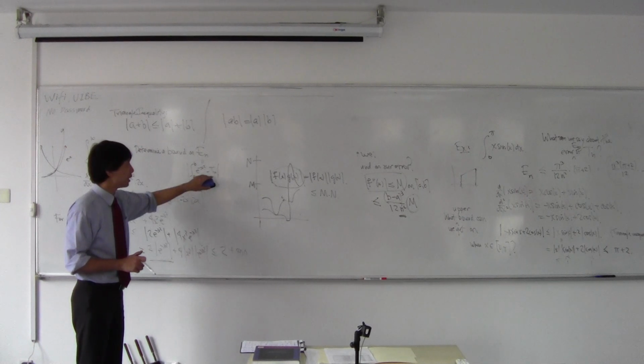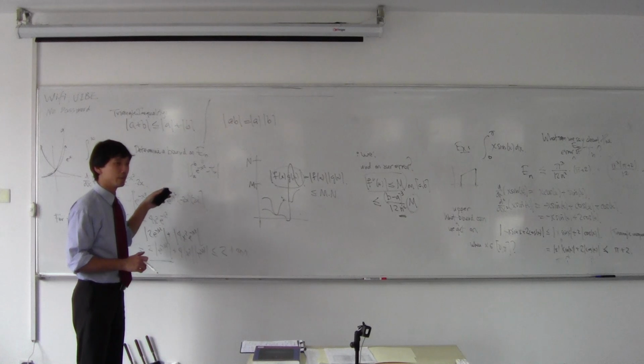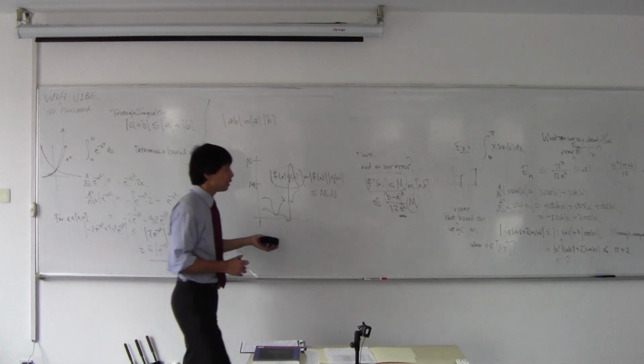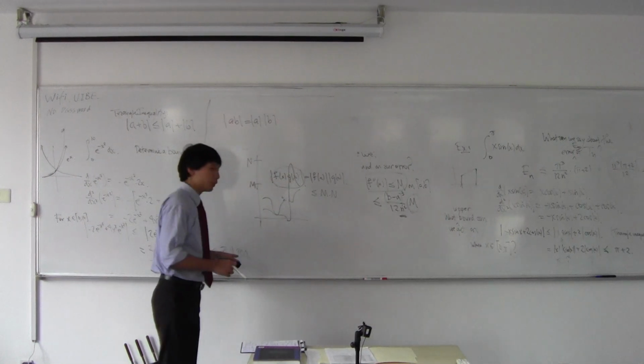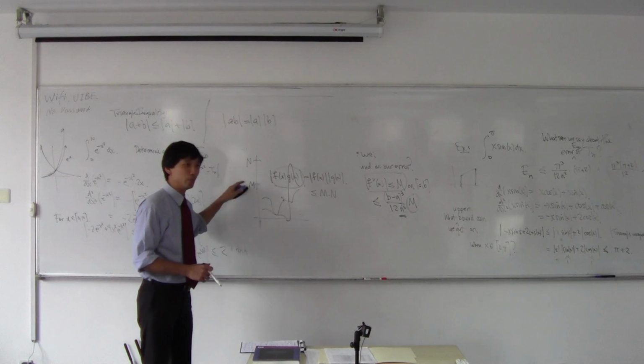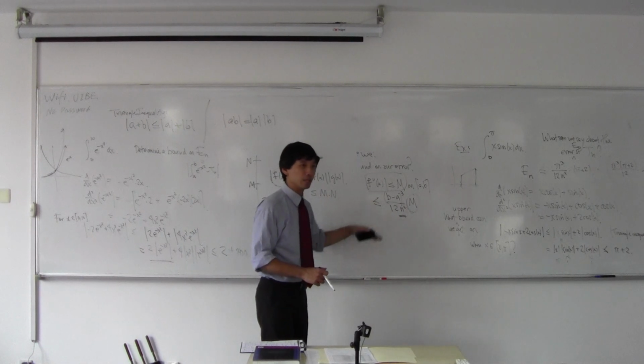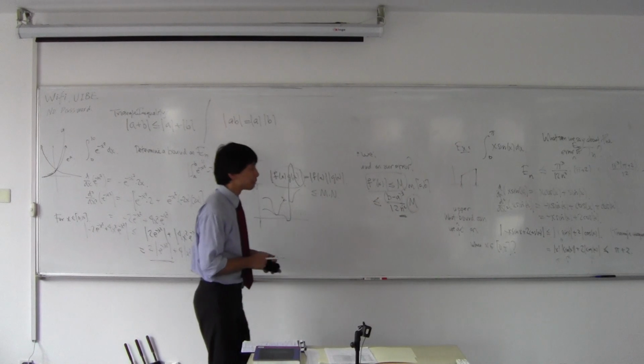The main thing is that the error decreases like 1 over n squared. Maybe instead of 402, the real constant is 100, but that's not really the point. The point is that as n gets bigger, you can get this as fine as you want.